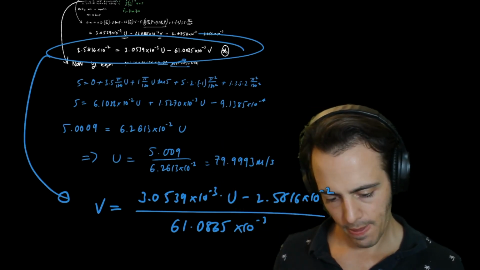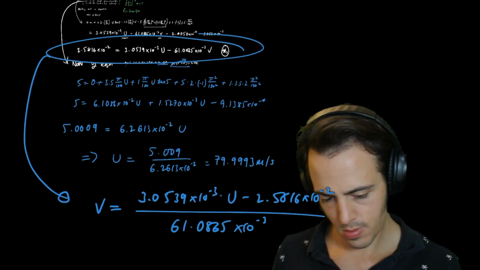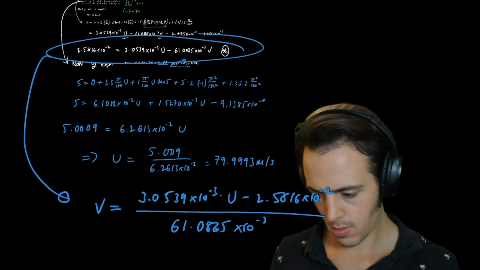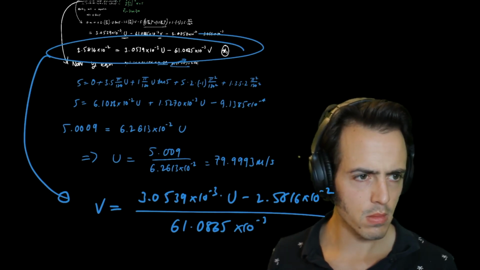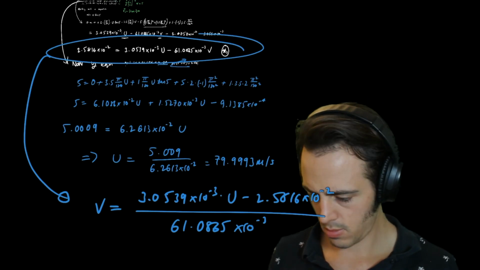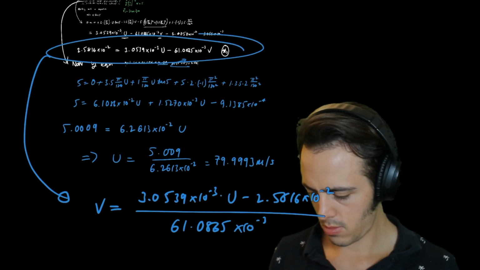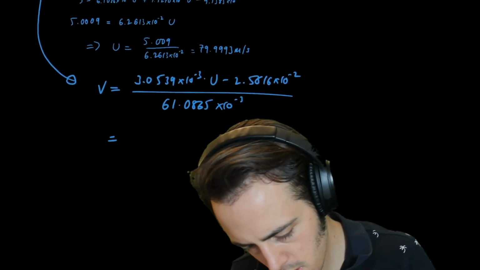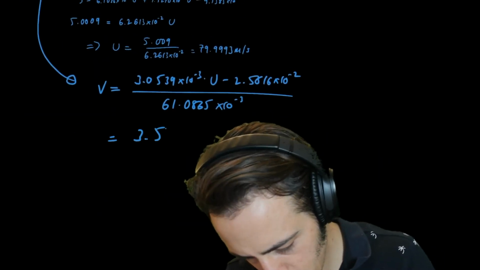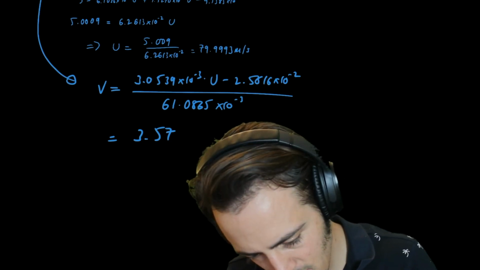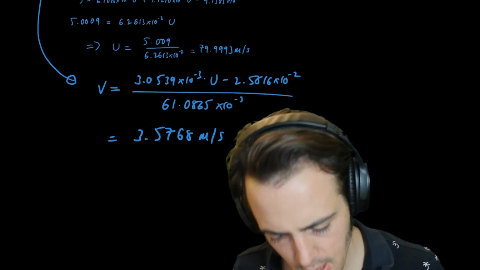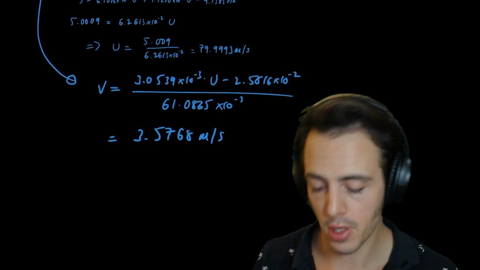So okay, we get v is equal to 3.5768 meters per second.